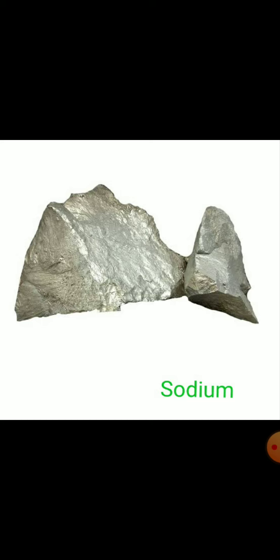At the cathode, which is the negatively charged electrode, the metal will be deposited, and at the anode, which is the positively charged electrode, chlorine will be deposited, and by that the metal will be obtained. So this is all about the occurrence of metals.